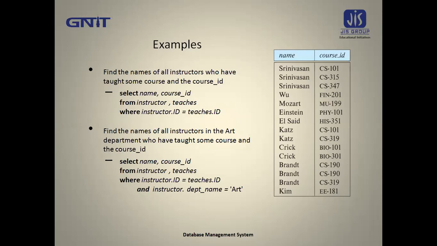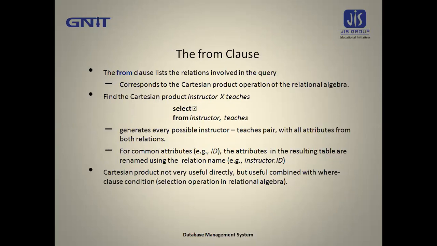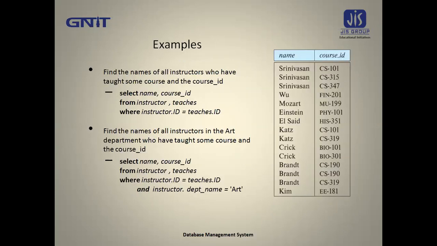So how can you get that? Now you know that the from clause can be used to merge or join two relations, which generates every pair possible.